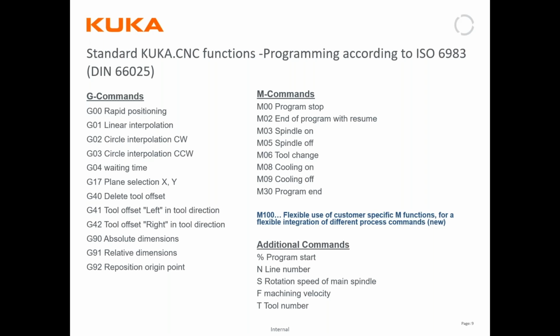These are for flexible use of customer-specific M functions for a flexible integration of different process commands. Some additional commands, like a percentage symbol, can be used for starting the program. N denotes the line number, S is for the speed of the spindle, F is for machining velocity, and T is for the tool number.